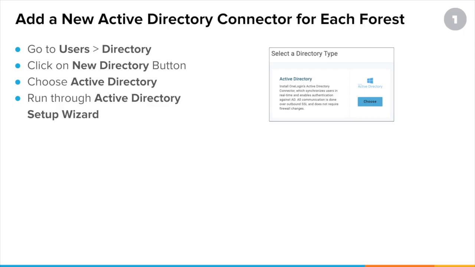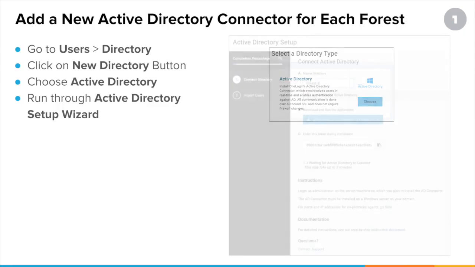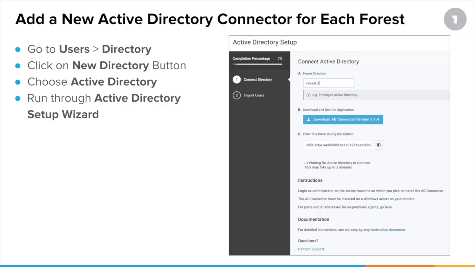That installs the first instance of the connector within the forest, and then you will add new instances, as we just talked about, to additional member servers within those forests.